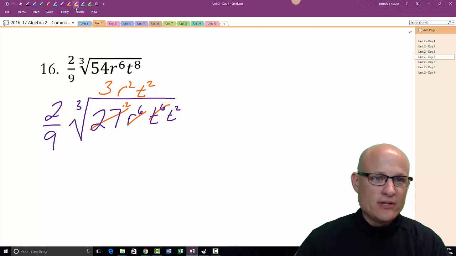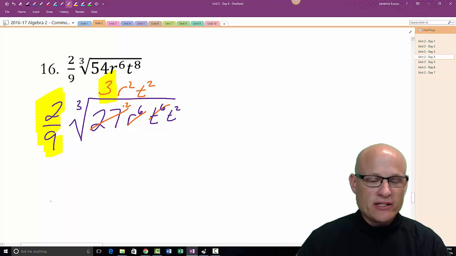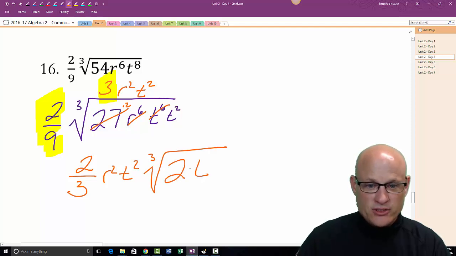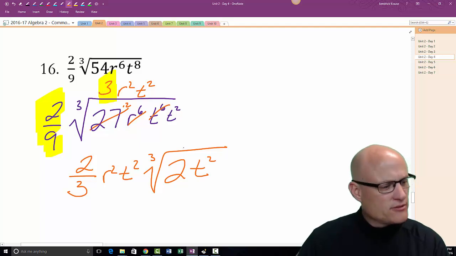Now you got to multiply 2/9 times 3. Well, 2/9 times 3 is 6/9, otherwise known as 2/3. 2/3 r squared t squared cube roots of, don't forget the 2 like I did, 2t squared. Make sure I got the right answer. I do not.